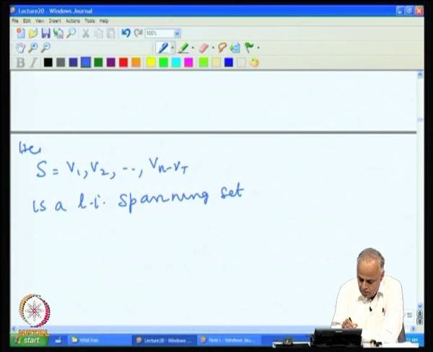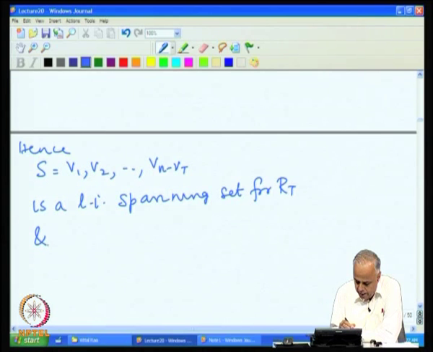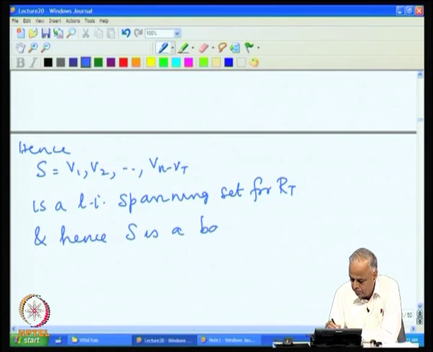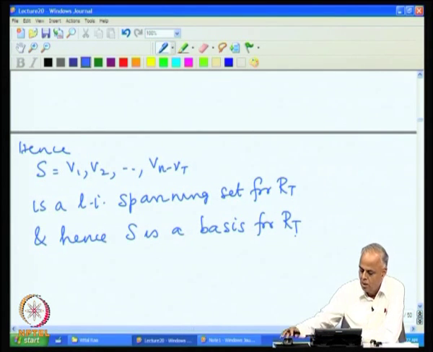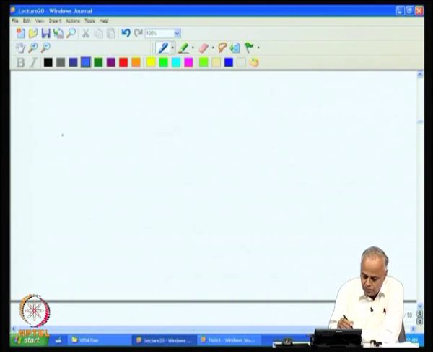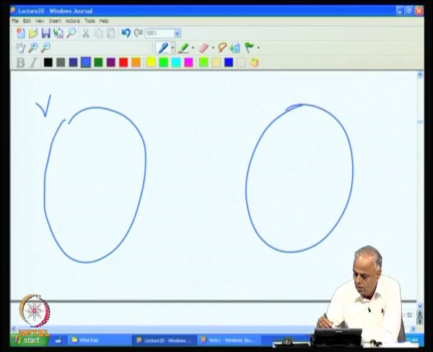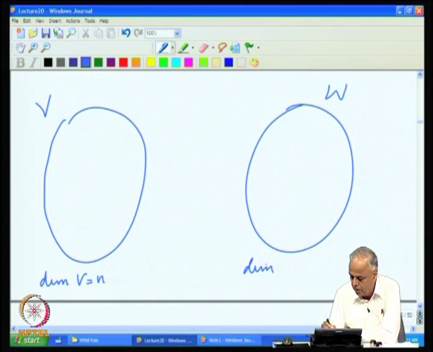So, hence the linearly independent spanning set for R(T), and hence S is a basis for the range of T. So, the conclusion is you start with V and the space W, this is n, this is m say, and T is a linear transformation.